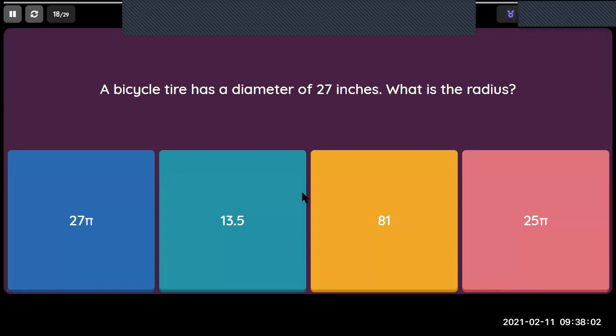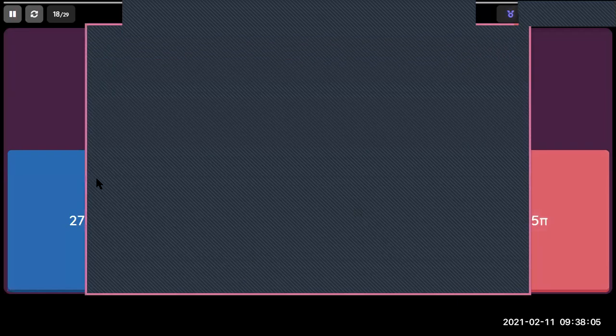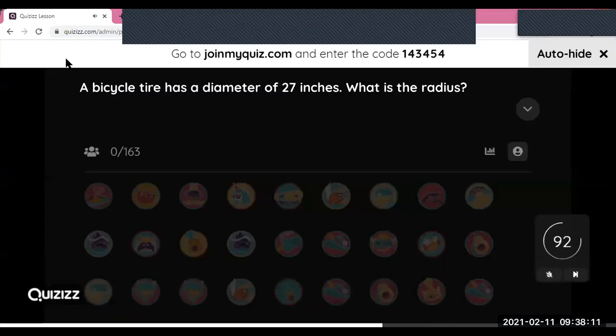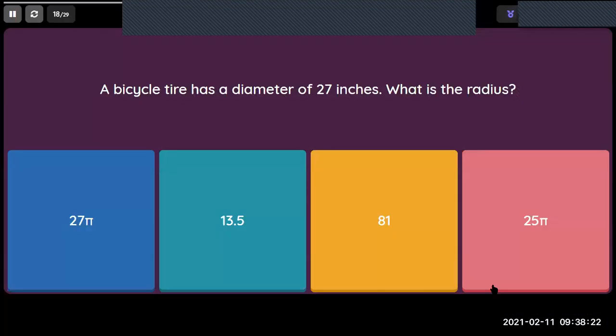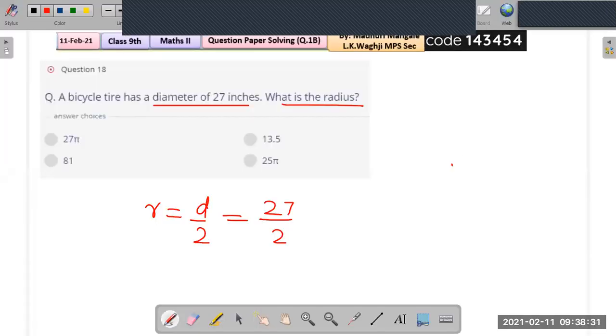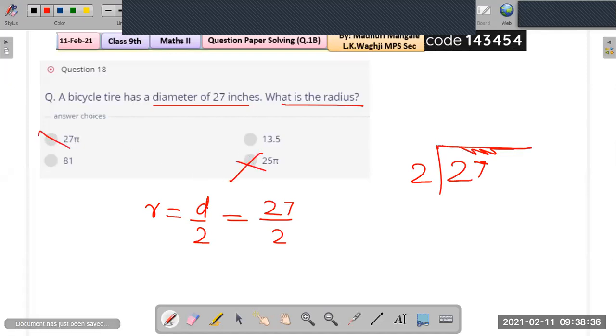And we will give you another 20 seconds. 25 pi, it won't be 27 pi. From these two choices, 27's half. Okay, isn't that easy?